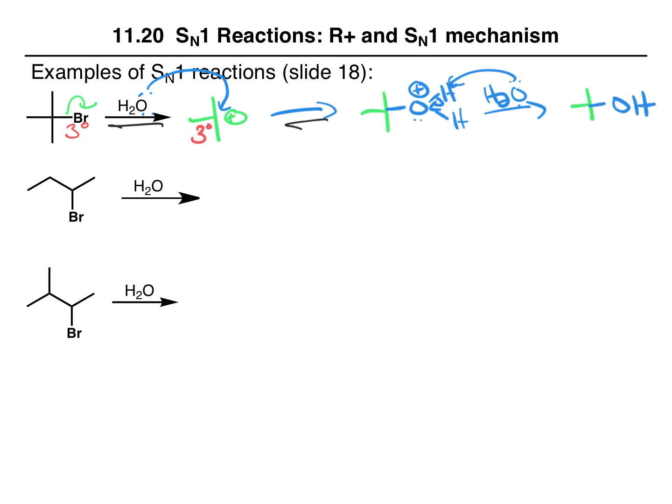Sorry, all of these should be equilibrium arrows. So with a tertiary alkyl halide and a very weak nucleophile, this will proceed through a carbocation. And now that we have a carbocation, this is a really good electrophile. So even a weak nucleophile can react here, giving us this intermediate and finally this product.